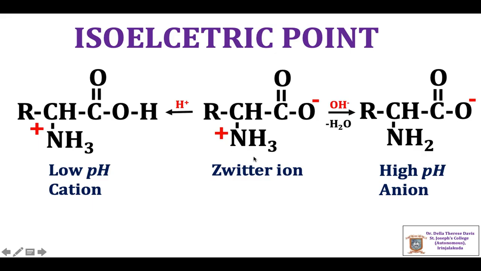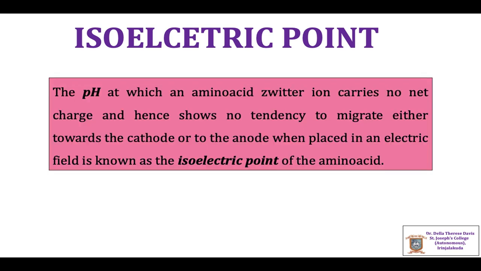And this particular pH for an amino acid is defined as the isoelectric point of that amino acid. The pH at which an amino acid zwitter ion carries no net charge and hence shows no tendency to migrate either towards the cathode or to the anode when placed in an electric field is called the isoelectric point of that amino acid.